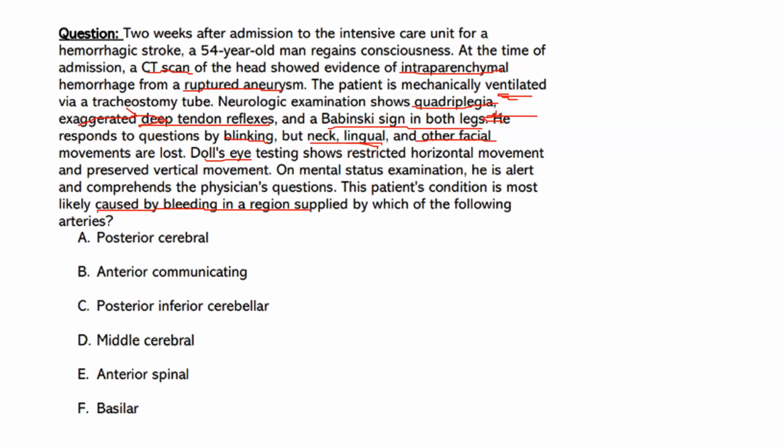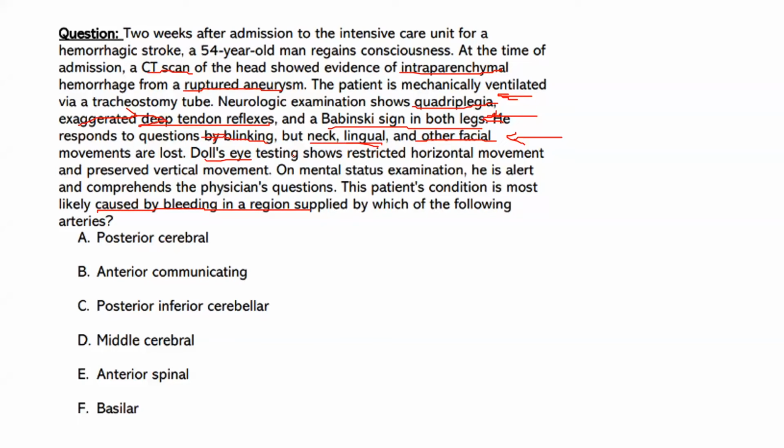Okay. And also because we have damage to the face, because we have loss of facial movement, and the only thing that's preserved is blinking and vertical eye movement.